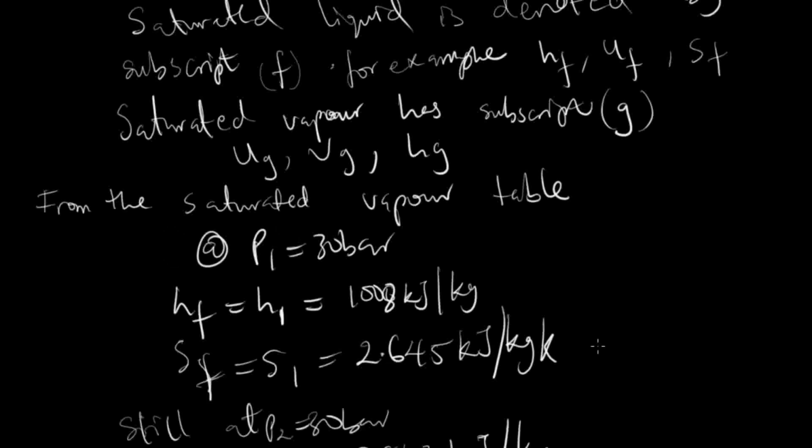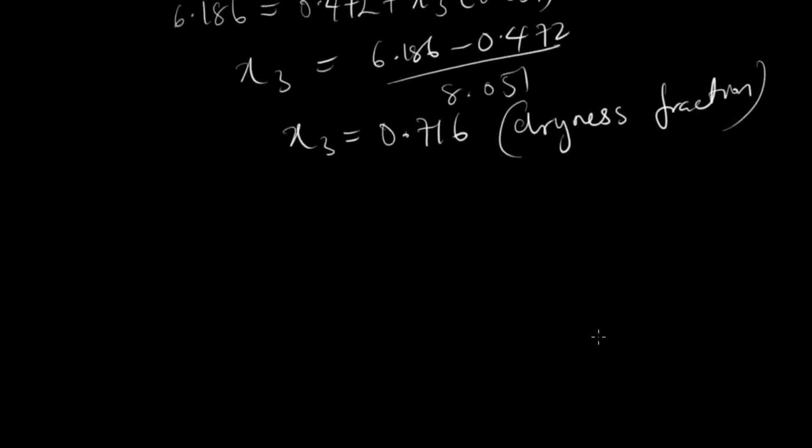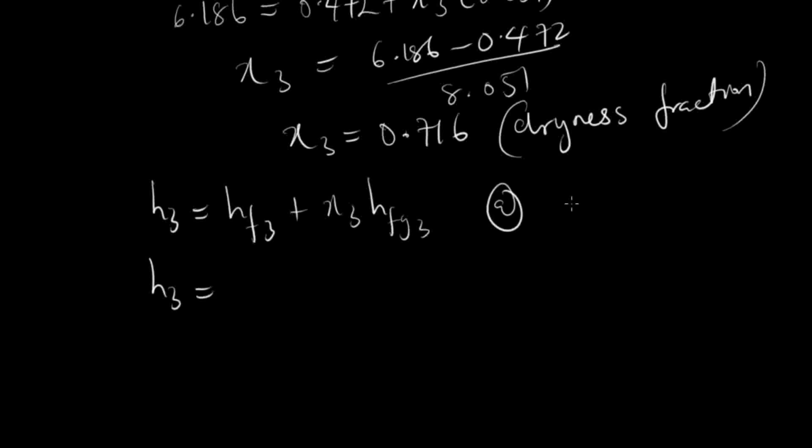Alright, so with the x3, we can find our h3. So h3 is given by hf3 plus x3 hfg3. So h3 will be at 0.04 bar.